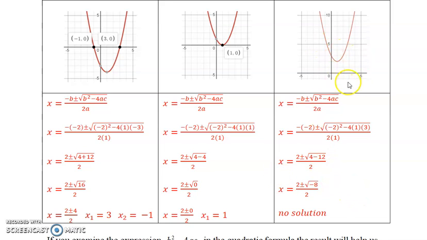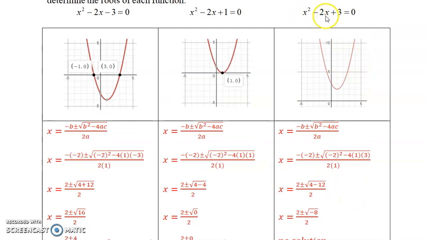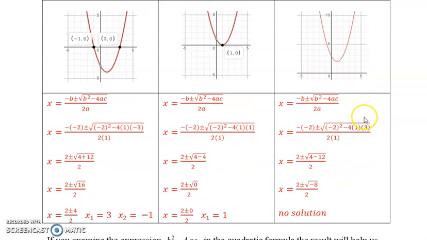The last one we'll graph is x squared minus 2x plus 3. I just changed the y-intercept, which created some new things. Some of you are saying I just did a few little transformations, and you'd be right. We'll talk about that a little later on. You'll notice it doesn't touch the x-axis at all.